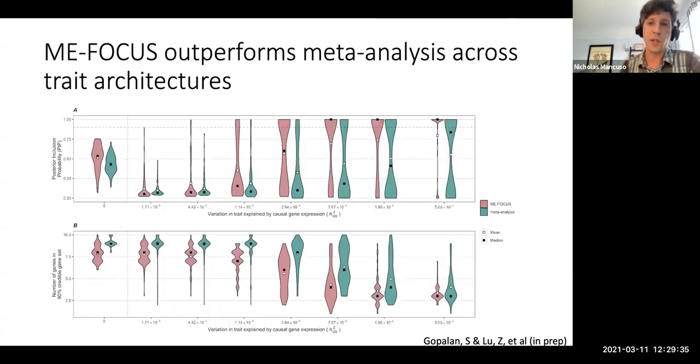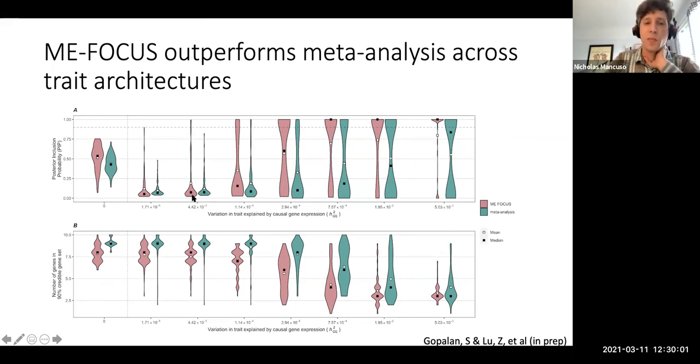Similarly, looking at varied trait architectures, here we can think of the gene effect size changing, or the variance explained by predicted expression changing. Going from left to right in this figure, the effect sizes are getting bigger and bigger, and even when effect sizes are fairly small, our approach outperforms the meta-analysis.